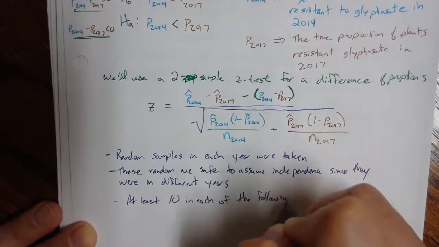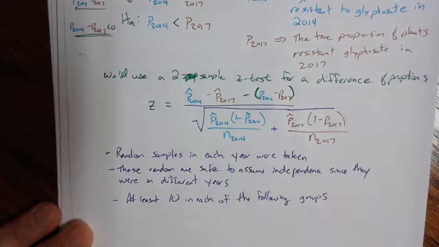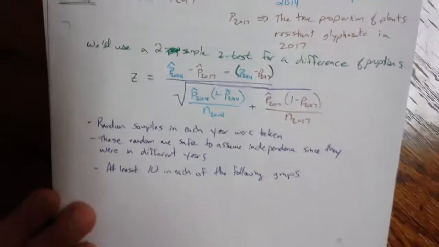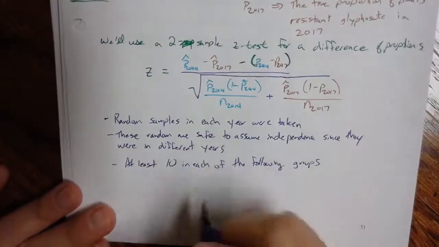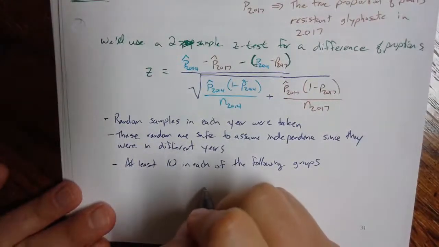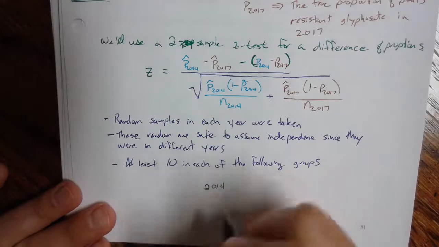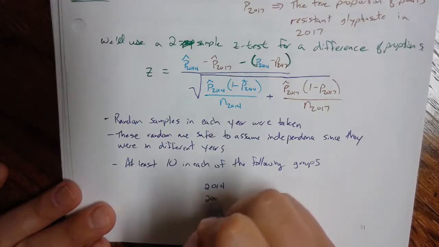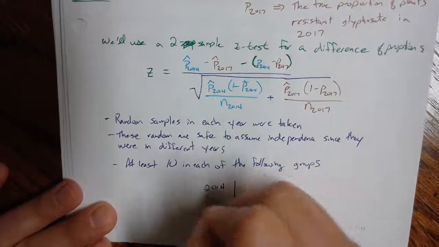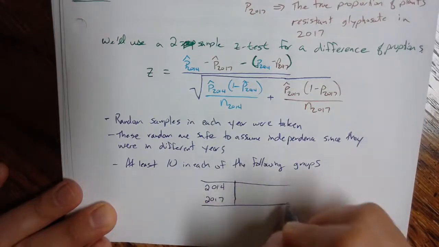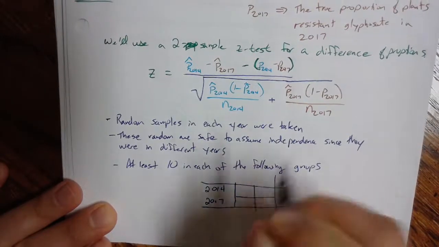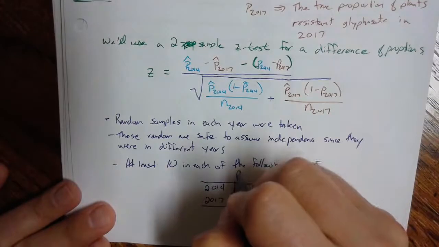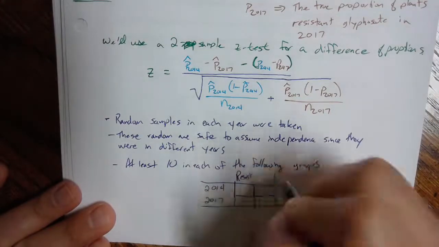There's basically a couple things that could happen when we go grab a sample. We have the 2014, and we have the 2017 sample. And then what we measured was whether it's resistant or not resistant. I'll use resist or not resist.